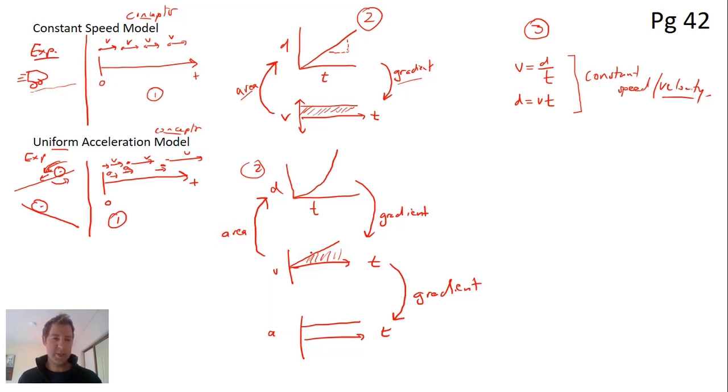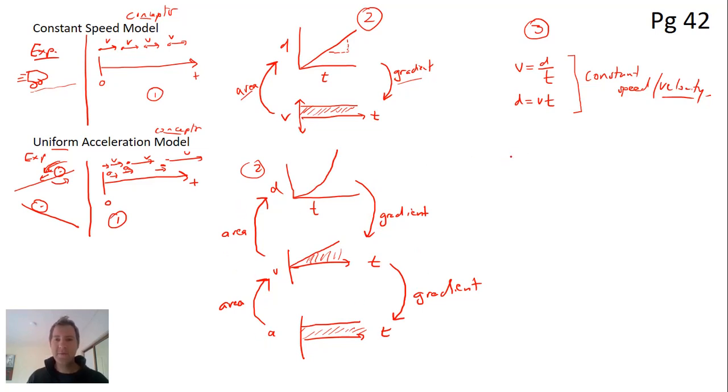In this case, it's a triangle, so we'd have to work that out. And the same going back here, you can see the pattern. I could work out the area of the acceleration time graph, and that would tell me how the velocity's changed. Just as a heads up, this is calculus. Differentiating is working out the gradient, and integrating is working out the area.